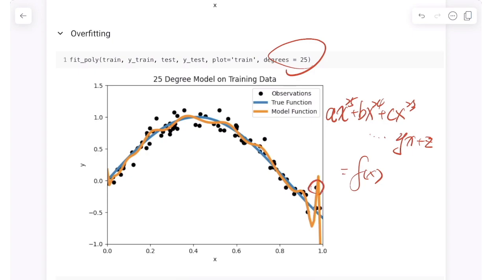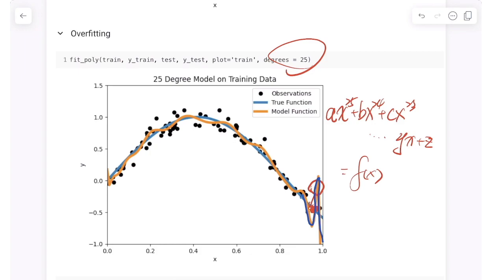For example, right here, this black observation in the training data is a little bit far away from the true function. But because your model is so complex, it will try to make a turn right here to fit the black observation.